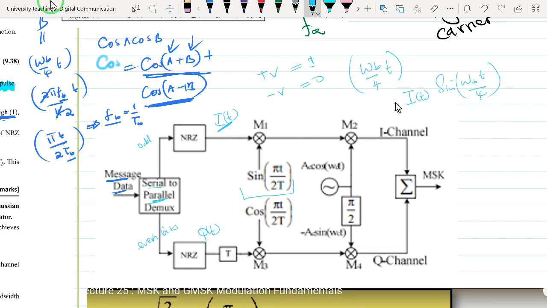This is what we have at the output of the first modulator. We have another local oscillator that generates a high frequency carrier signal with the frequency of omega_c with amplitude A, and then we multiply this in-phase component with the high frequency carrier to form the modulation.